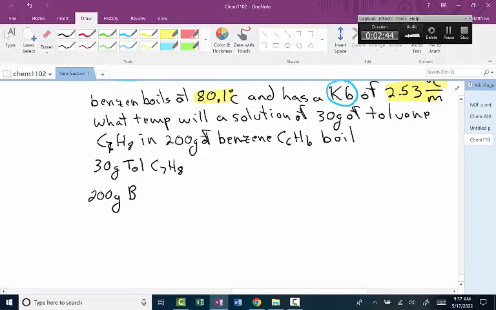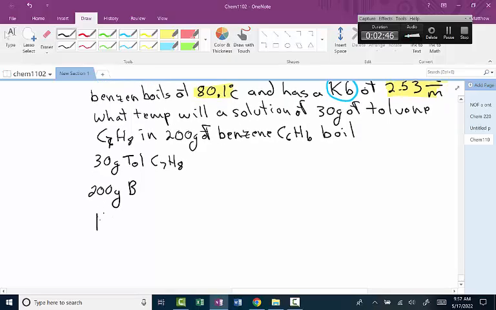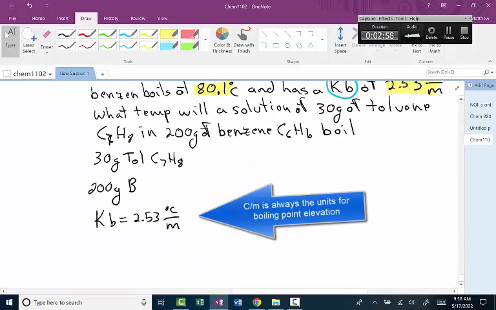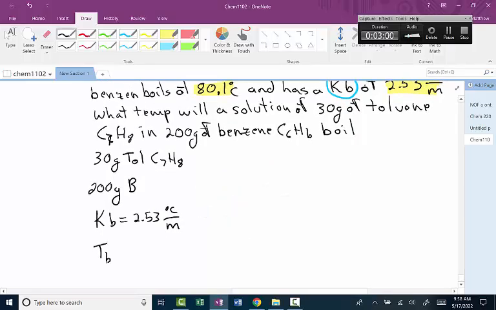I also know Kb equals 2.53 degrees Celsius per molal unit, and I know that T boil for benzene is equal to 80.1.